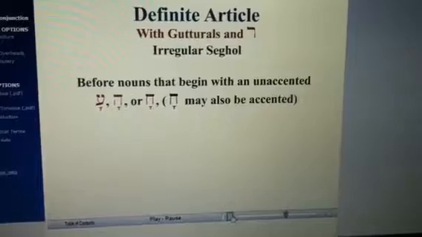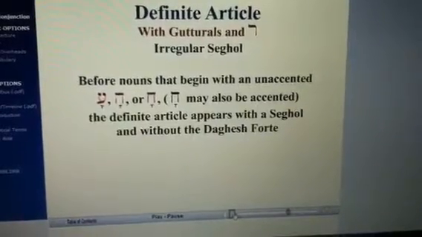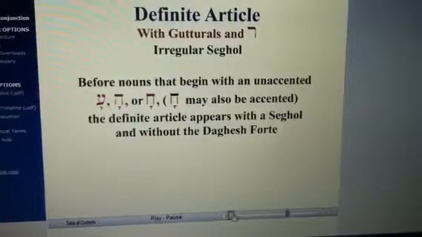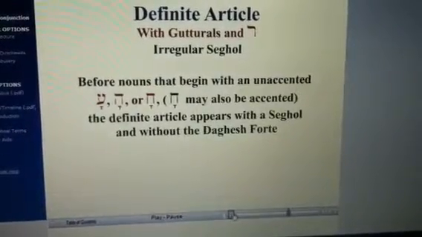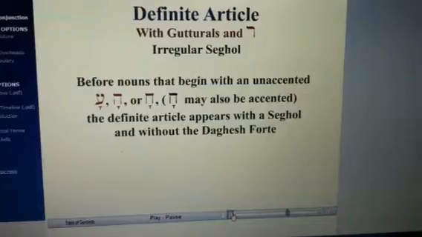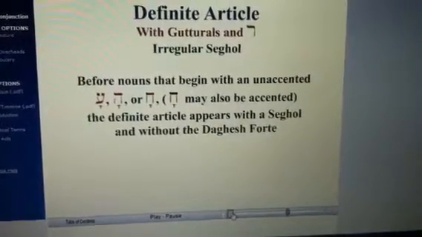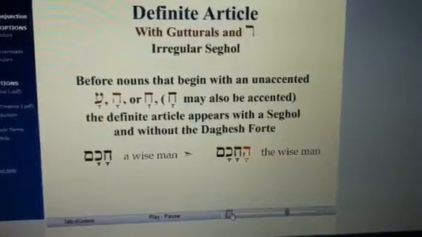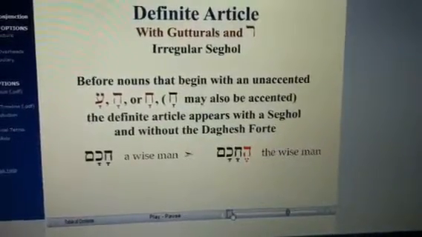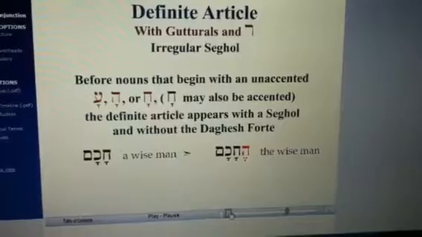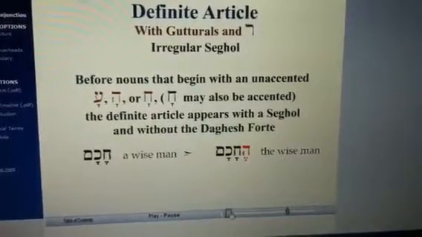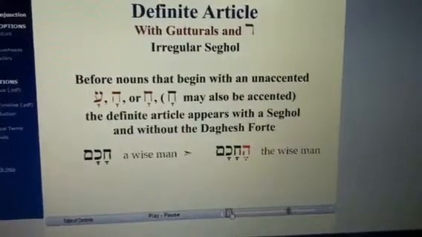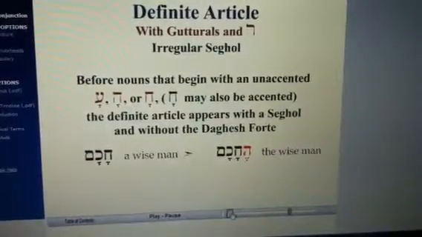Before any of these, the definite article appears with a segol, that is a short E vowel, and without the dagesh forte. Observe, for example, how the Hebrew word hakham, meaning wise man, becomes he-hakham, the wise man. In this example, the definite article is spelled with a segol.